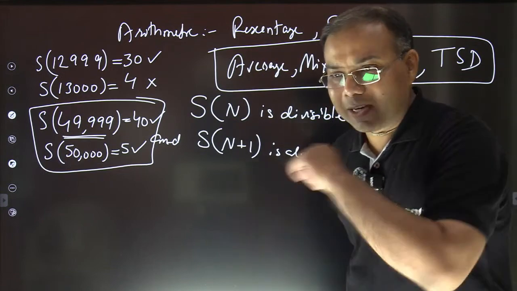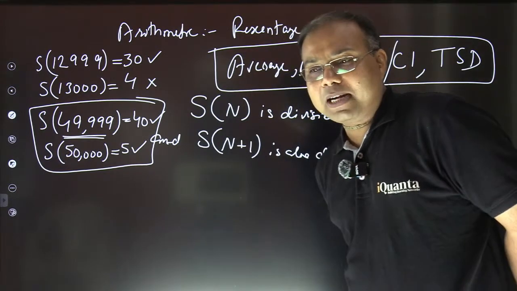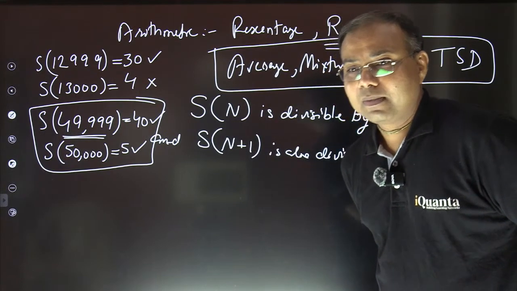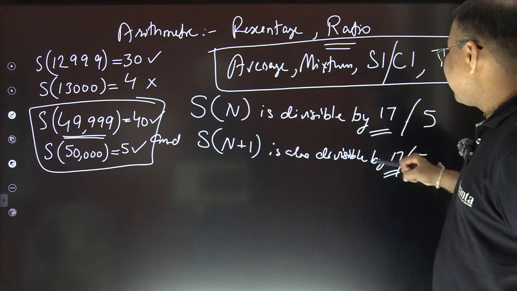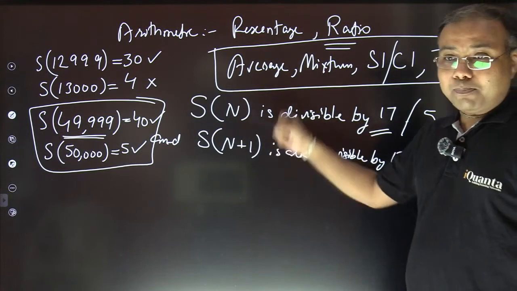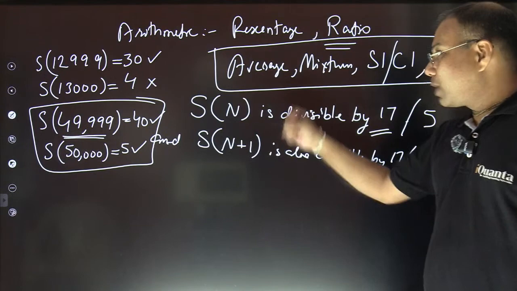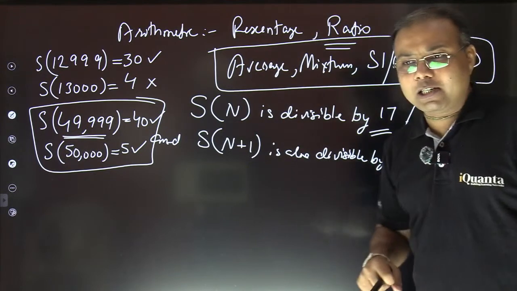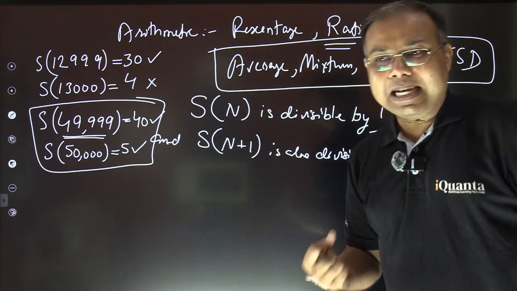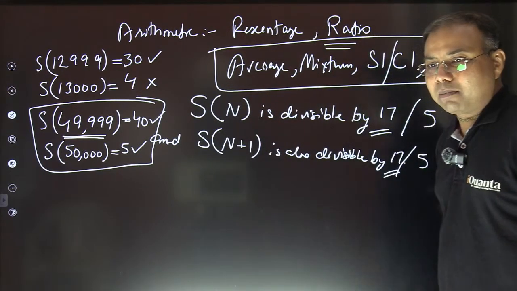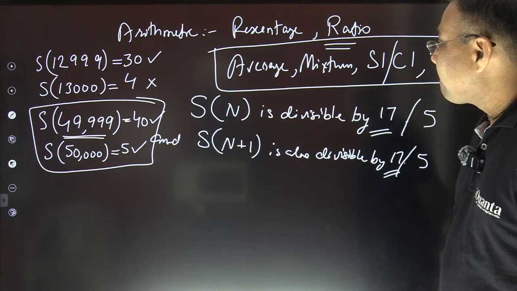And what Soumyadeep is mentioning is perfectly fine. You need to find in how many 9s the number should end. Sum of digits of both successive numbers, consecutive numbers, is divisible by 17. So in how many 9s should this number n end?